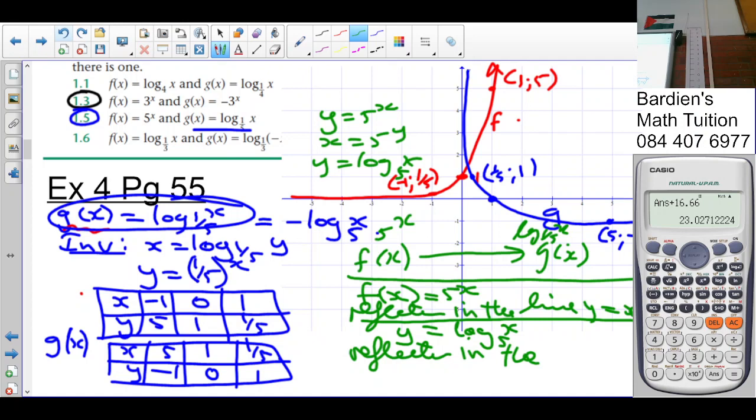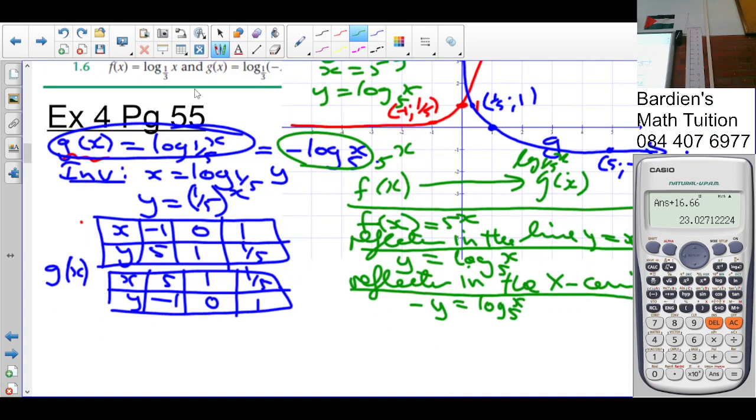Did the x become negative here? No. What became negative? The y. So that means it must be reflected in the x-axis. Can you see that? Reflected in the x-axis, y becomes negative, which is now equal to what they are looking for.